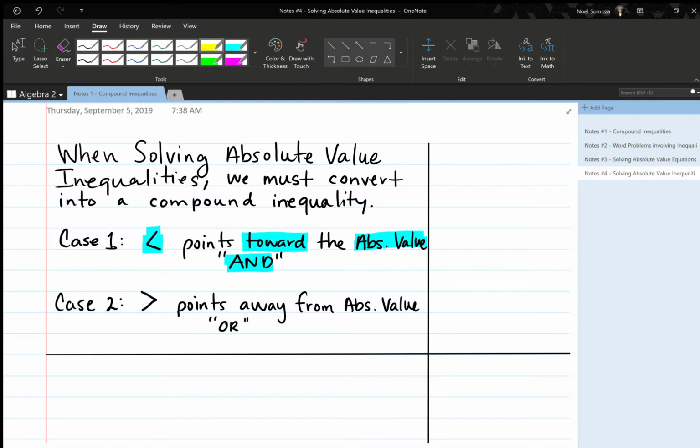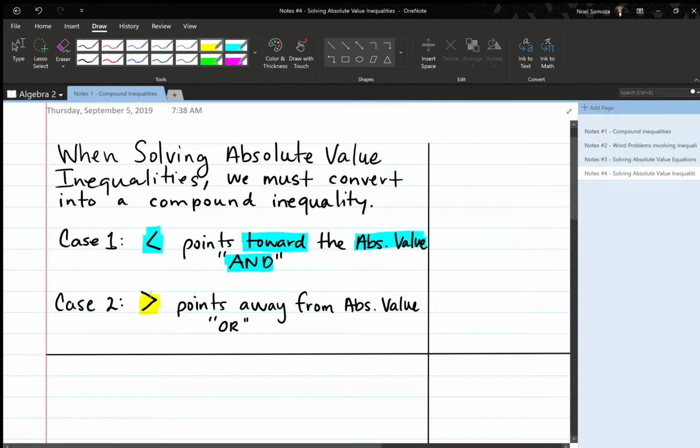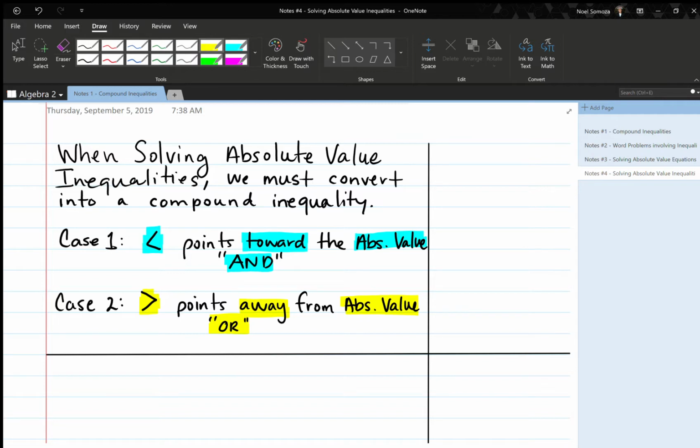And or inequalities can become a little bit tricky when you're dealing with absolute value. So we're looking to see which case are we going to need to use.